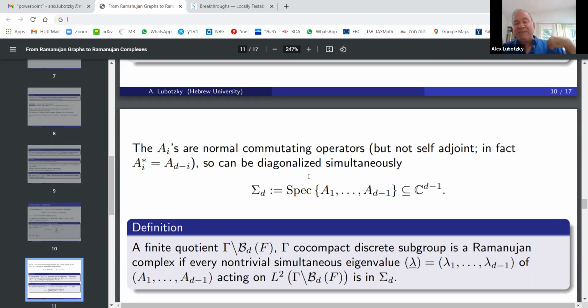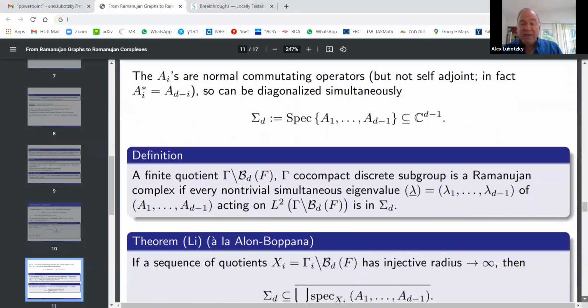This is a subset of C to the d minus 1, because I have d minus 1 operators acting and commuting and I diagonalize them simultaneously. What is the spectrum, which is a set sigma_d in this set? It's known. The people in representation theory classified, described this set. I don't want to go into the details.